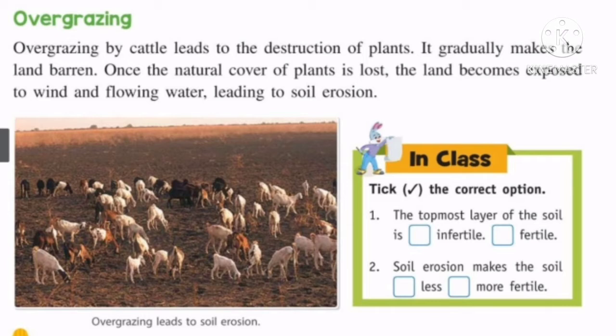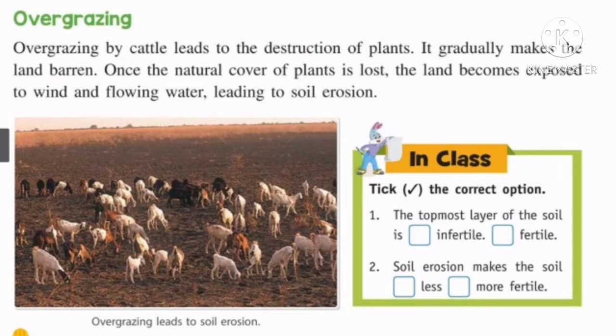Dear class, you can see in the picture there are many animals, and for their survival they are dependent on the vegetation. They have grazed all the plants, all the greenery over there. Now there is no plant left in that area.